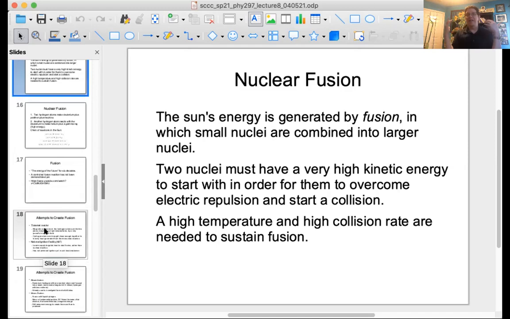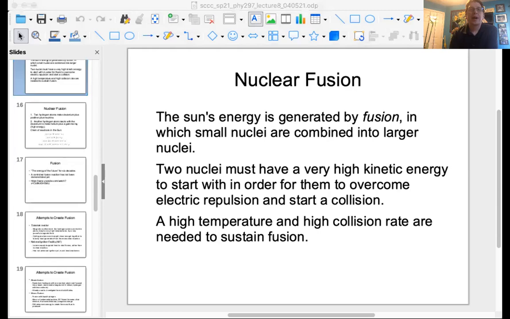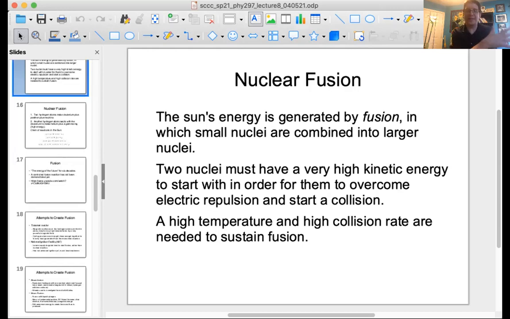Basically, you have enormous amounts of hydrogen in the sun's core, and these hydrogen atoms are moving around very, very quickly, and they smash into each other, and you get helium out of the reaction, although there's a process involved. We'll talk about that in a couple of minutes. And a certain amount of energy gets released.